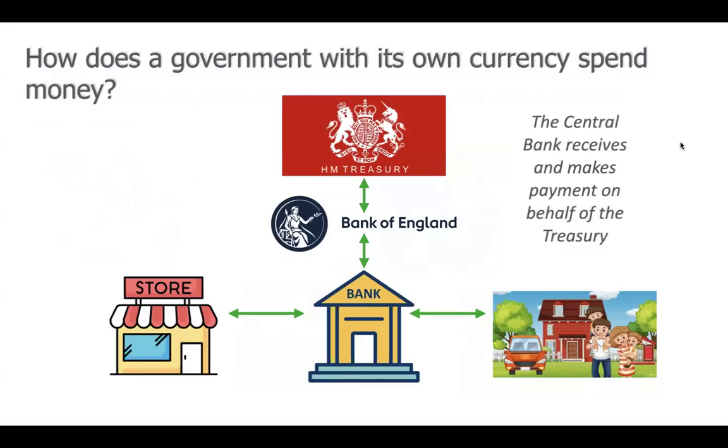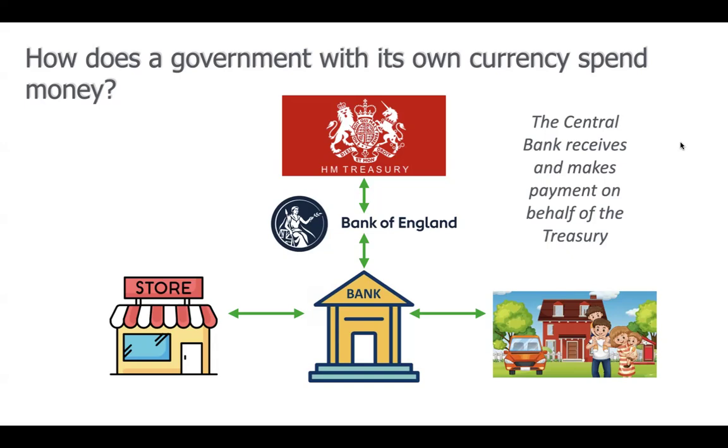So how does a government with its own currency spend money? Well, basically, the central bank receives and makes payments on behalf of the Treasury, and the Treasury, of course, is under the instructions from the government, so it will be based on fiscal policy, what they are doing and how they're planning to use their money.